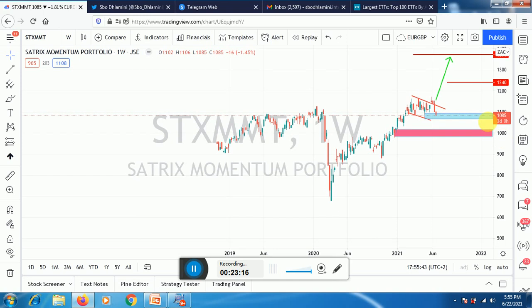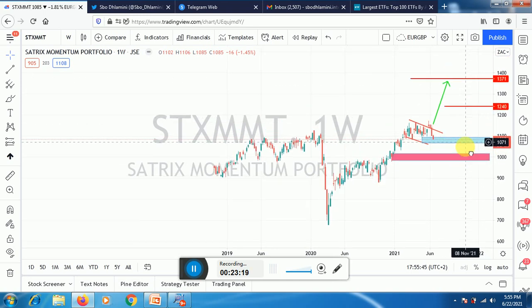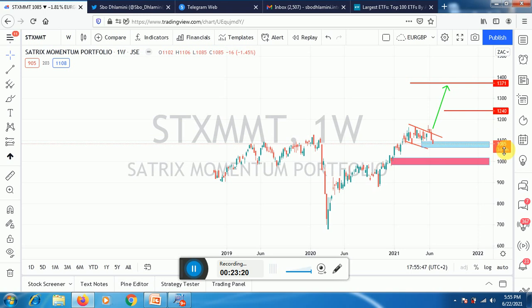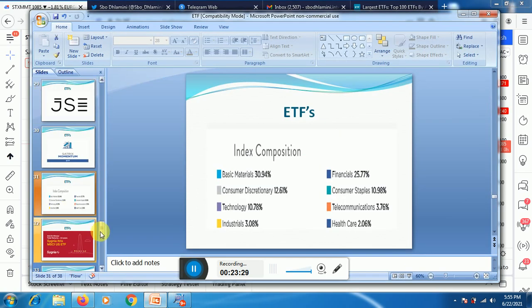So we might see a movement higher from here, the 10 rand level, as high as 13, even beyond, as $50 here on the Satrix ETF.